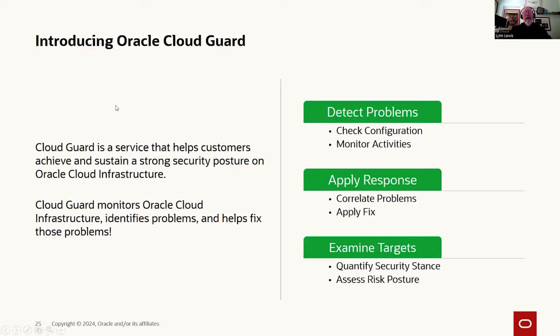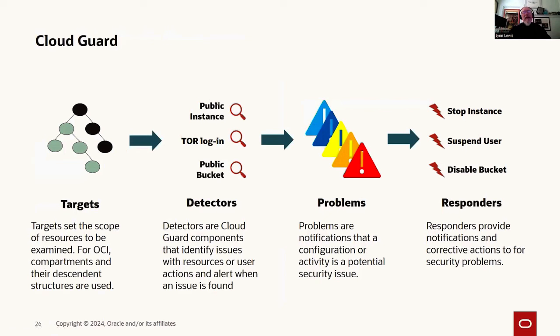And that's what CloudGuard in particular is, a set of scripts that you have access to, that you can edit to make this work for you in the sense of the level for the security stance, and you assess your risk posture. So at the simplest level, you have targets.